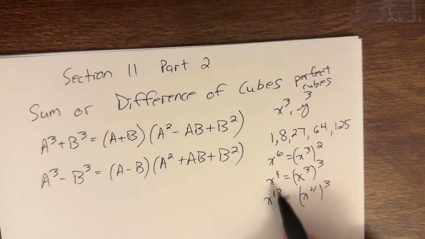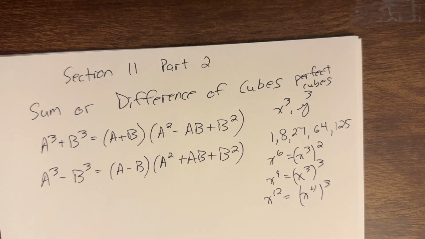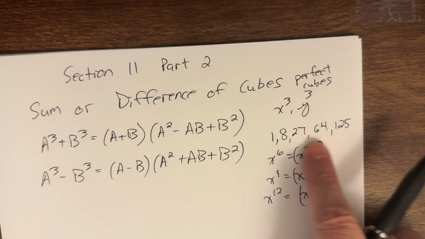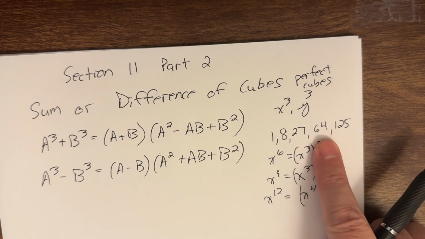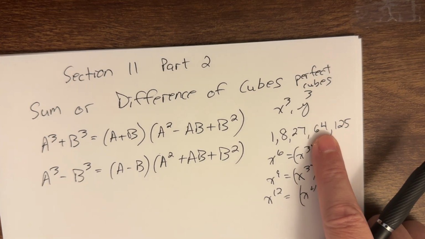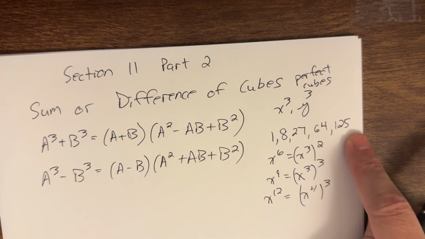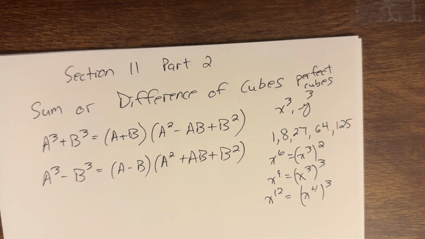And as the exponent can be divided by 3 cleanly, then we can treat it as a perfect cube. So the identification isn't quite as easy, but again, especially when you focus on the numbers, 64 in particular can be troubling because 64 is 8 squared. It's a perfect square, but it also is 4 cubed, so it also serves as a perfect cube. But these numbers need to stand out, and these exponents.